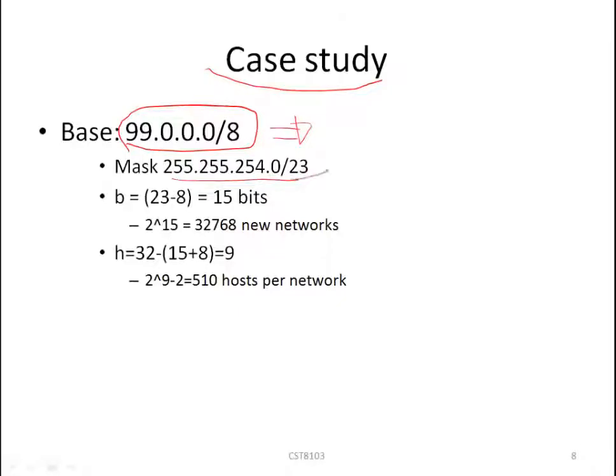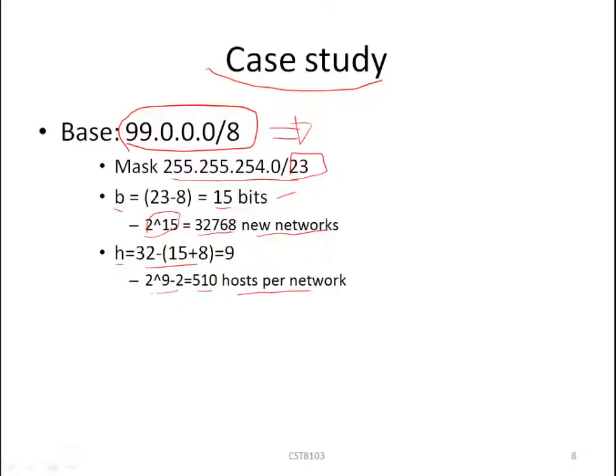So they have borrowed 15 bits, or they have transformed 15 host bits into network bits, therefore creating 32,768 new networks. And each network is able to accommodate 2 exponent 9 minus 2, 510 hosts per network.